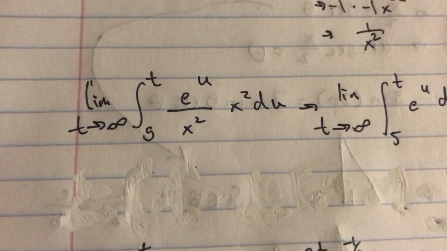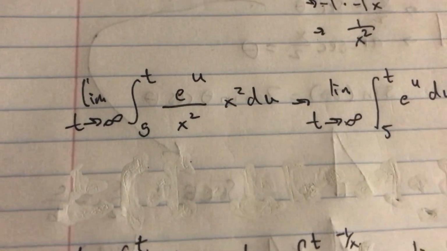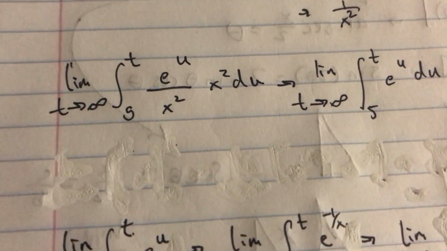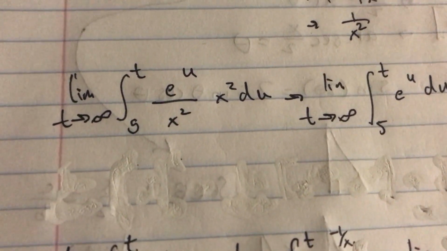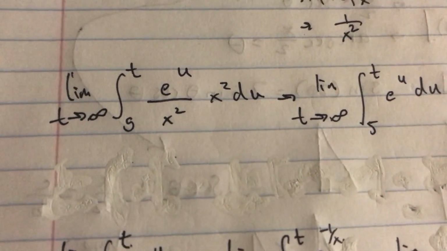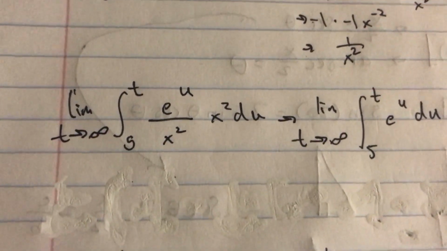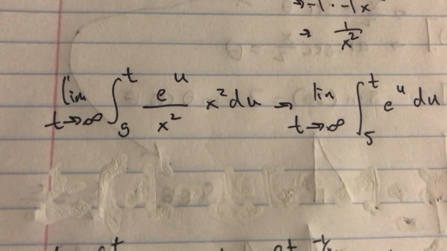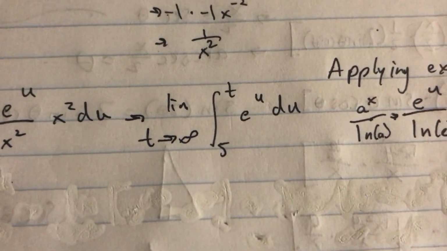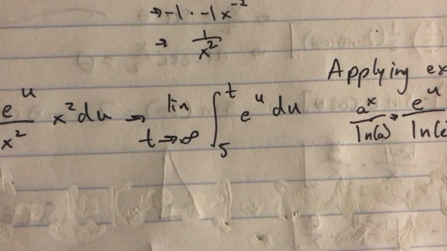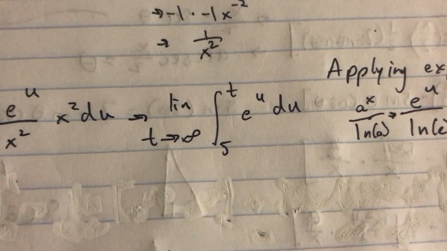So now it is 5 as the lower bound of integration, and t is the upper bound. And it is e to the u over x squared, and then x squared du. And then the x squares cancel out, leaving just e to the power of u, du.